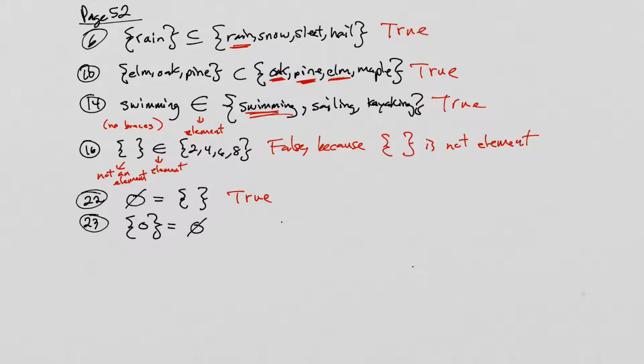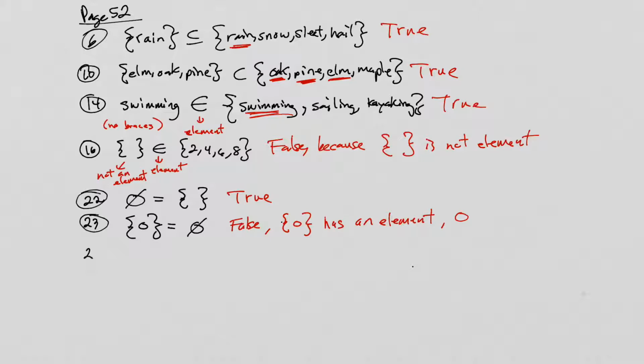So this set has a 0 in it, which means it's not empty. So this is false. This has an element, which is 0.